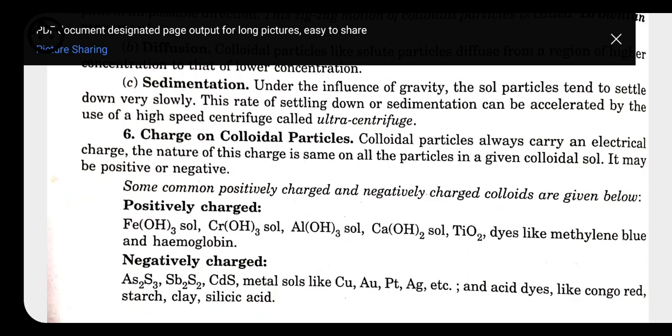Because of the positive charge of the ferric, they combine with each other and formation of charges takes place. So because of the addition of electrolyte, colloidal particles acquire charges, and this theory is taken as the correct concept to explain the charge on colloidal particles.